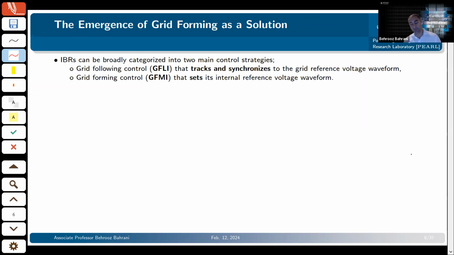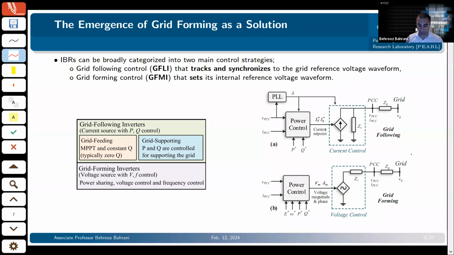But grid-forming inverters can have some sort of internal reference for the voltage, and they can provide quite a lot of these services that we would like them to provide. You might have seen this graph before, or variations of this, where a grid-following inverter is dominantly based on a PLL, which would look at the point of connection voltage and inject real and reactive power to the grid, and you can look at it as a current source.